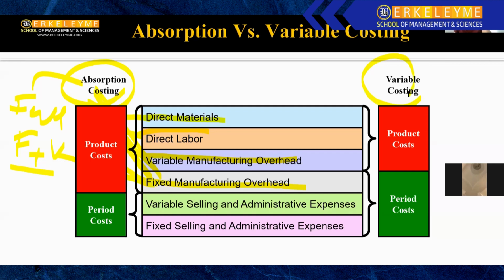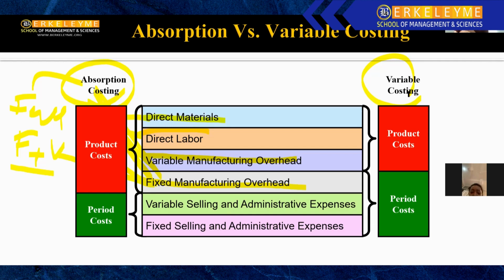While variable costing is simple, it just assumes that the cost of the product is the one that is only variable. So how does it depict? Direct material is variable because it keeps changing. Direct labor keeps changing if we have more labor, less labor, and variable manufacturing overheads.